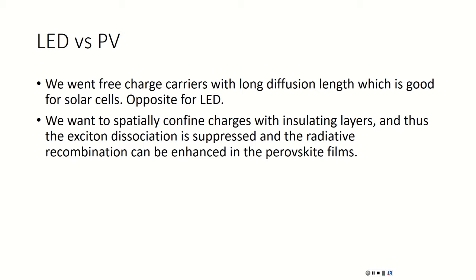Opposite trends for LEDs, so as I mentioned, one or the other. Difference too is we want to spatially confine these charges with insulating layers, and thus the exciton diffusion is suppressed, and the radiative recombination can be enhanced.